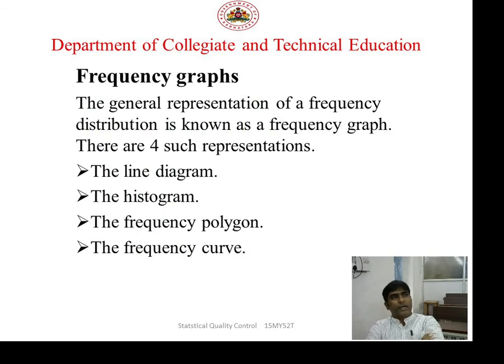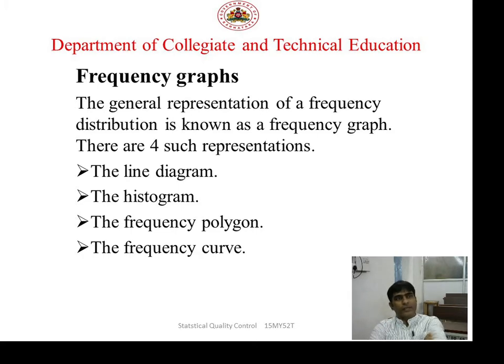So next part here is, in this session, frequency graph. This is also one of the interesting topics. So what do you mean by frequency graphs? The graphical representation of a frequency distribution is known as a frequency graph. Here we are representing the values of the frequency distribution graphically.